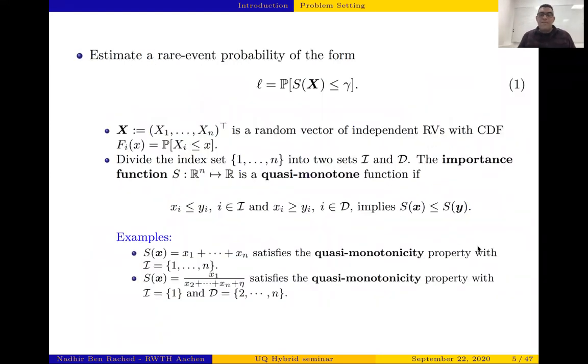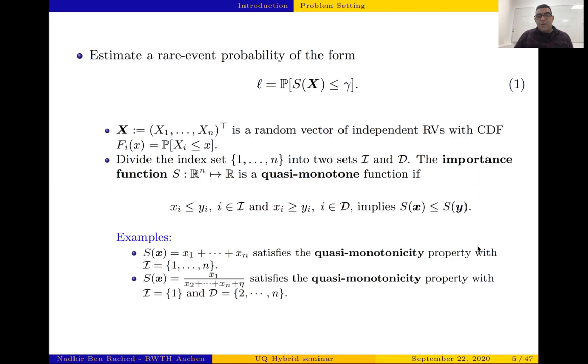So in a more abstract way, the aim of this work is to estimate a rare event probability of the form in equation 1, where L is the probability that S, which is a functional from R^n to R, of X is below gamma. X is a random vector of independent random variables with cumulative distribution functions F_i, and gamma is a fixed threshold. And by quasi-monotonicity, we mean the following.